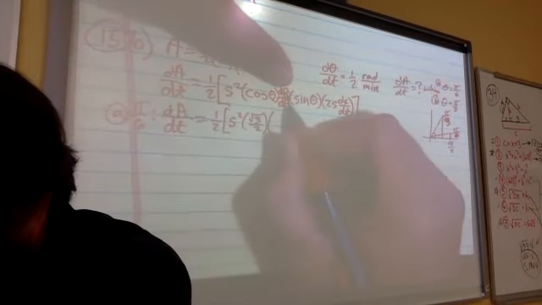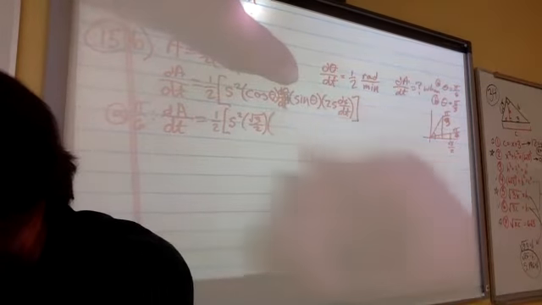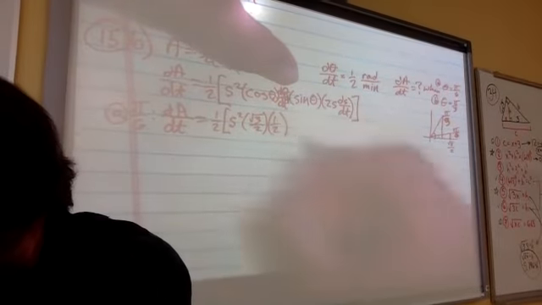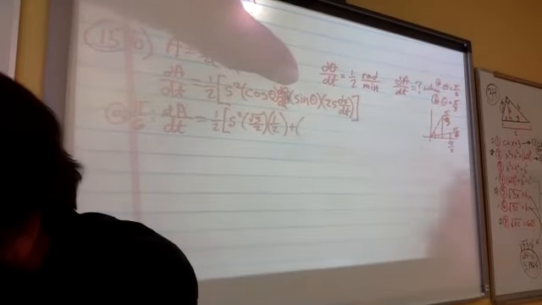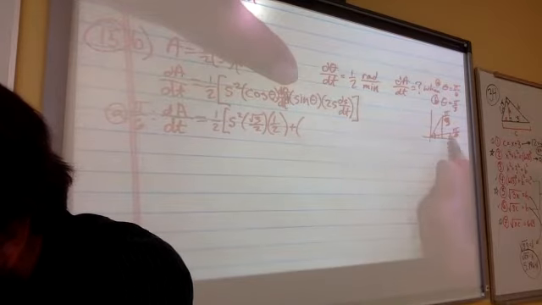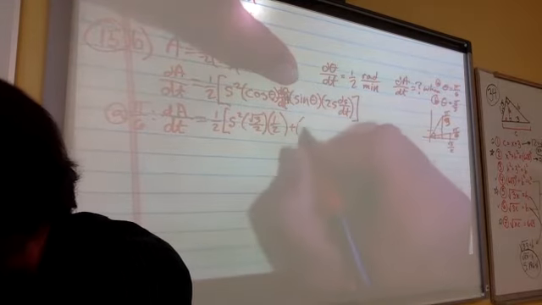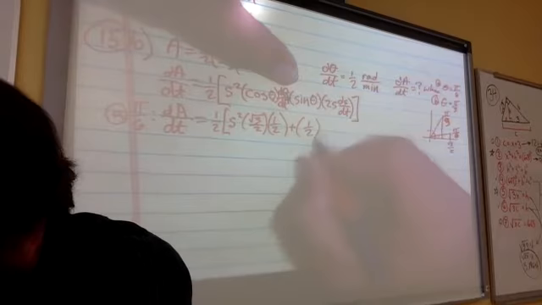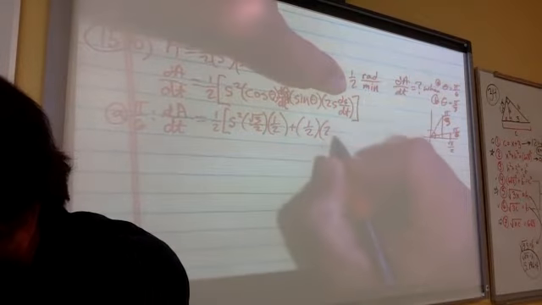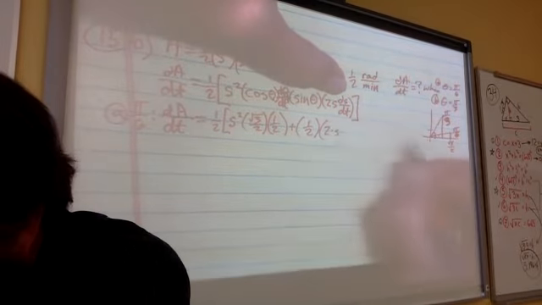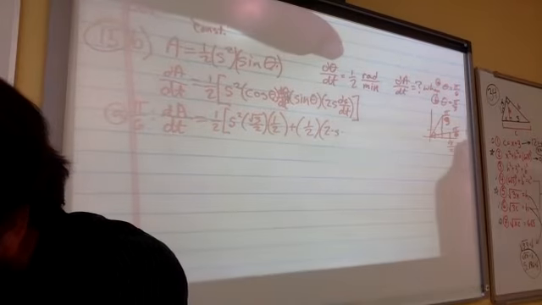Root 3 over 2. dθ/dt is 1/2, plus sine of theta. Sine of pi over 6 is the y value, 1/2. And 2s ds/dt.